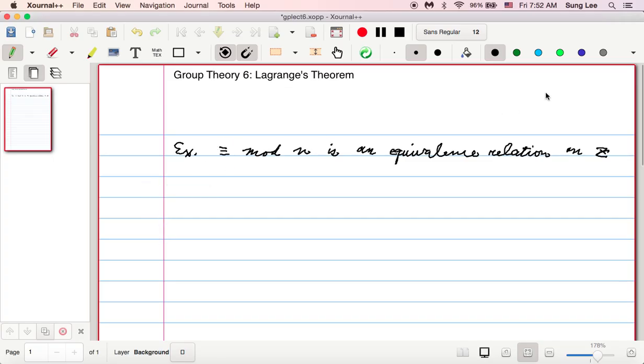So here's a proof. I'm going to use a different color. We want to show reflexivity, symmetry, and transitivity. So we want to show that this relation satisfies those three axioms. So first one is reflexivity.